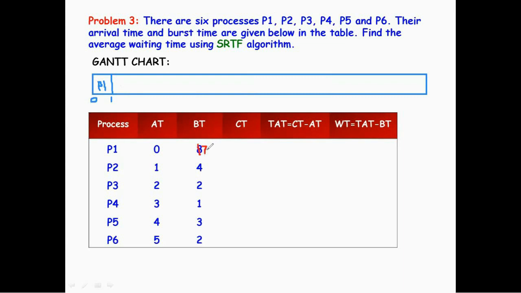At time 1, P1 with burst time 7 and P2 with burst time 4 is available. Since P2 has the least burst time, it will be scheduled for execution. From 1 to 2, P2 will be scheduled. The remaining time for P2 is 3.